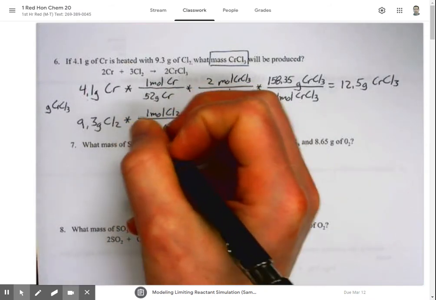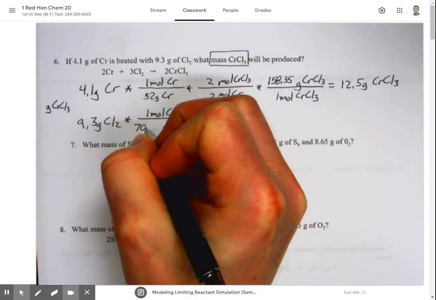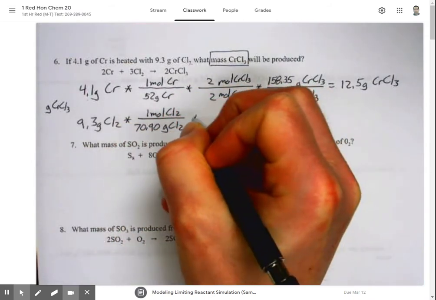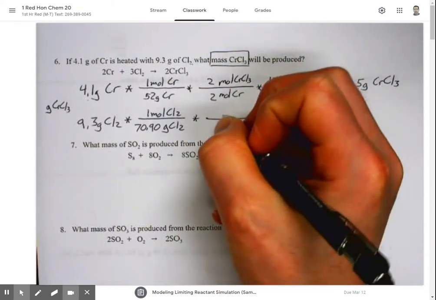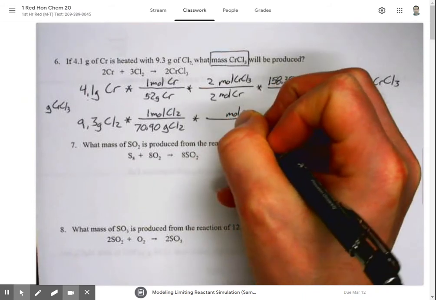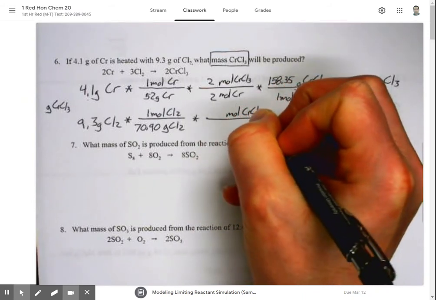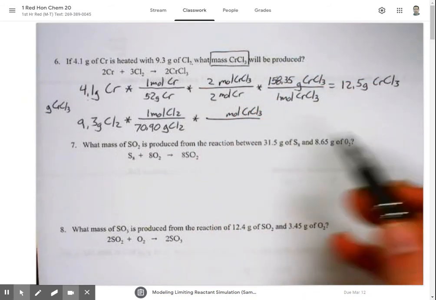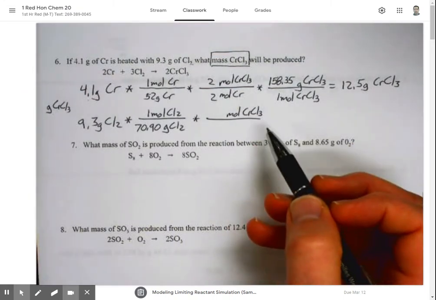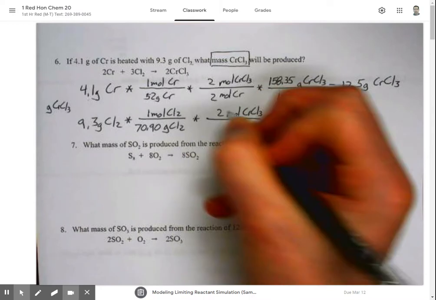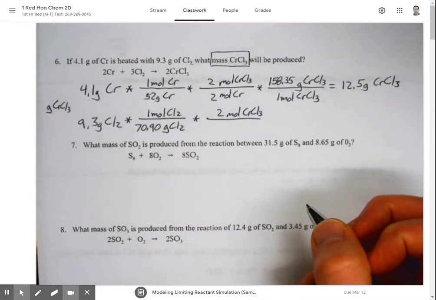That's 35.45 times 2, so that's 70.9 grams. Our mole ratio in this step, we still want to put the new substance, the one that we're trying to find, on top. We're making the same substance or calculating the same product in both cases so that we can compare. So the mole ratio up there will be the same.